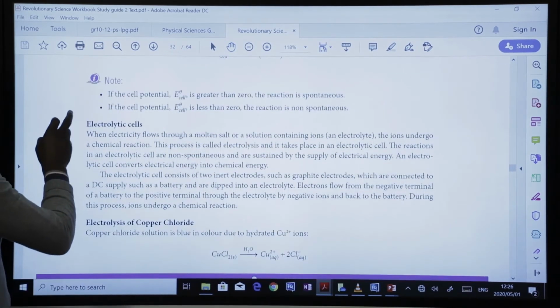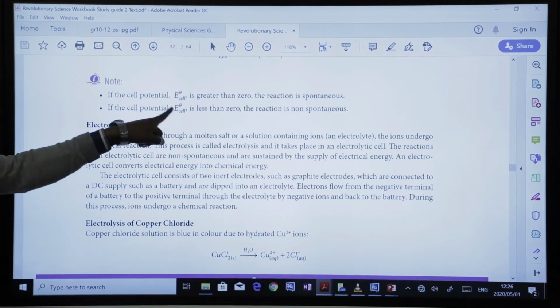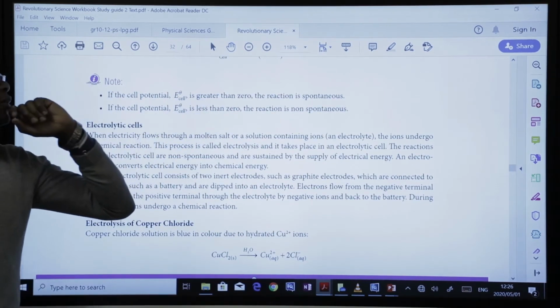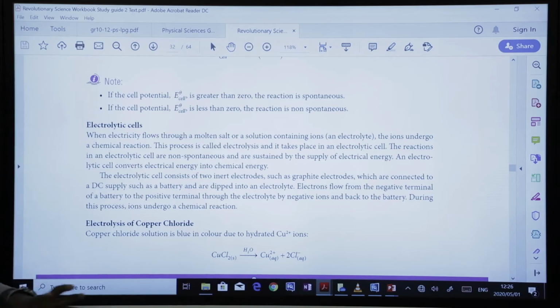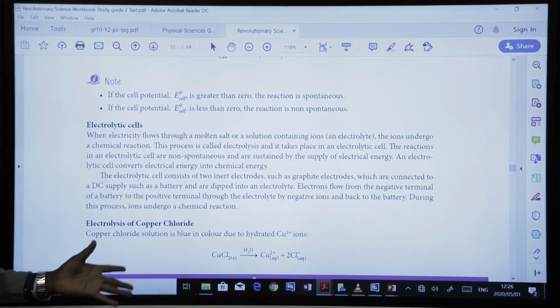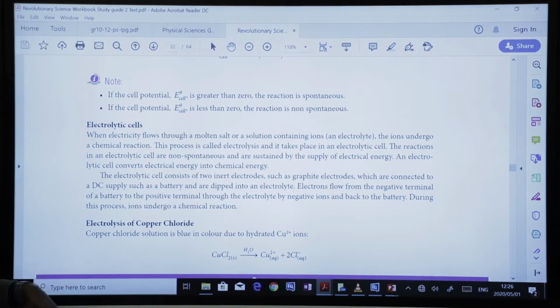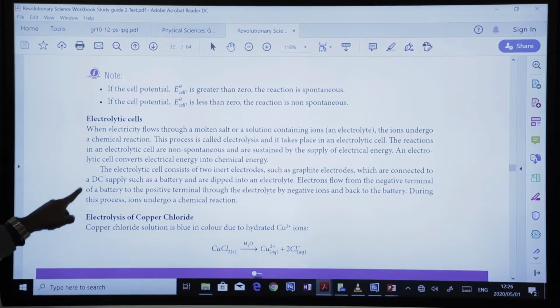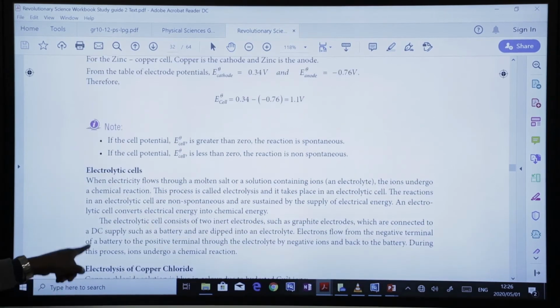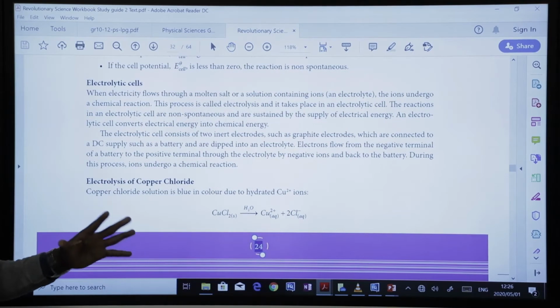Okay. So we are saying that if the cell potential is greater than 0, the reaction is spontaneous. But if the cell potential is less than 0, it means that the reaction cannot take place, or it's non-spontaneous.